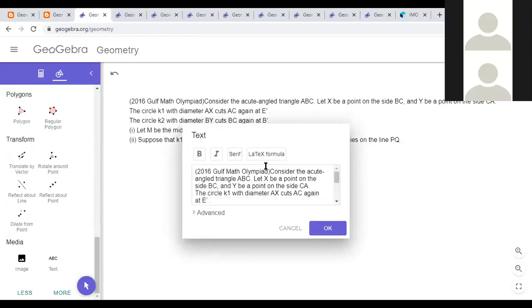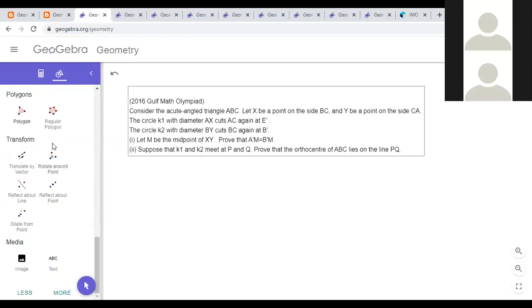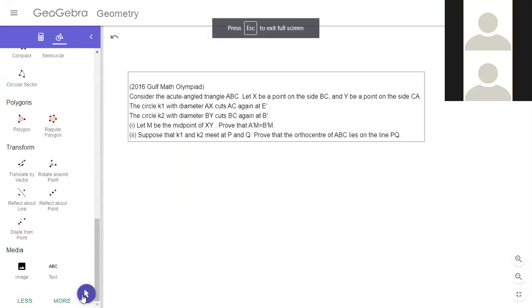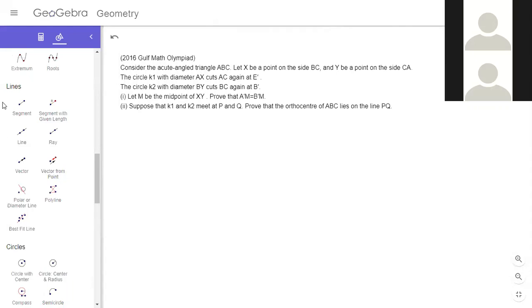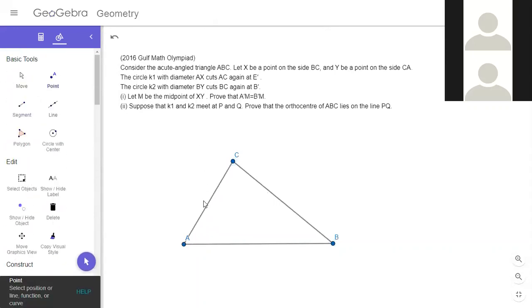All right, so we have a triangle ABC, acute. X is on BC. Let me make C at the top. So A, B, C. So X is like any point on BC, and Y is any point on AC.